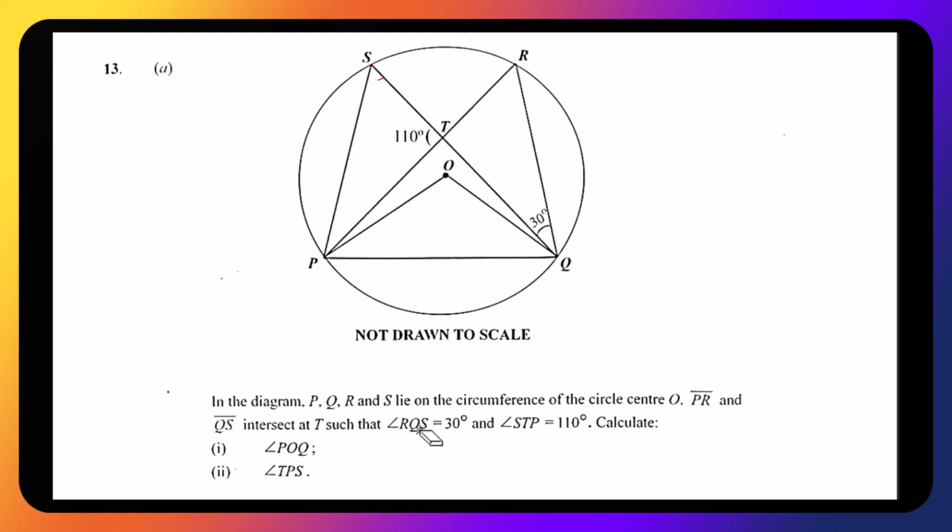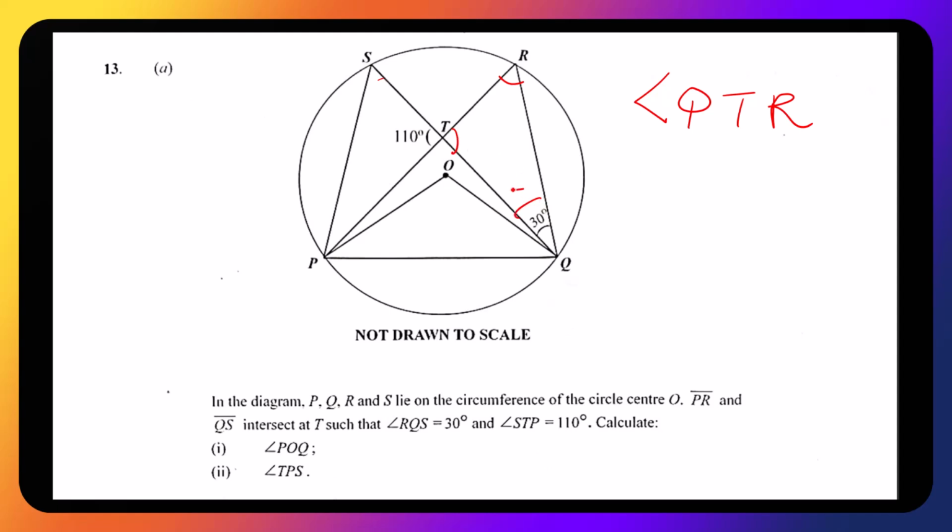Now we are to find angle POQ. We have information that can help us get this side. So we can consider angle QTR.